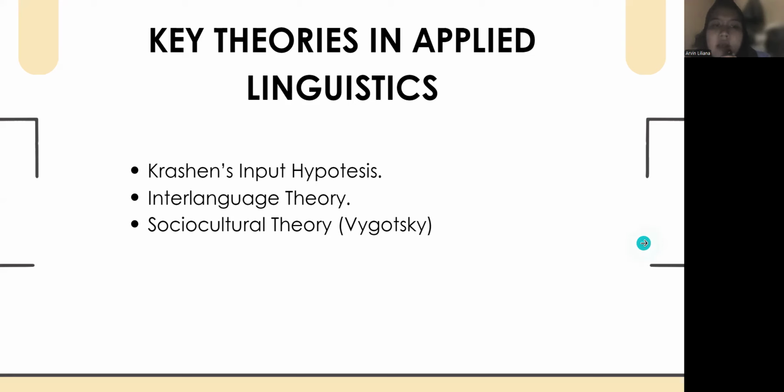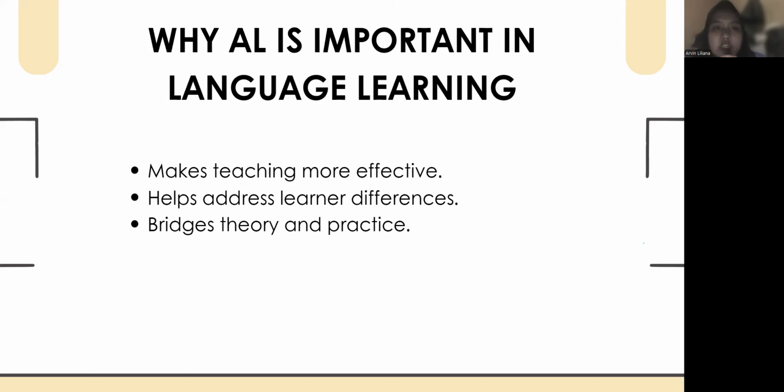So, why is applied linguistics important in language learning? The first is it makes teaching more effective, helps address learner differences, and bridges theory and practice. Because it helps make language teaching more effective, allows teachers to adapt methods to different students, and connects theory with real practice.